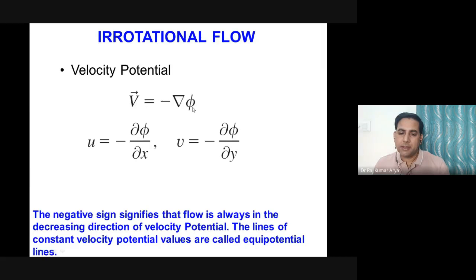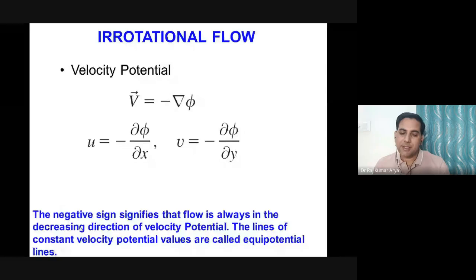The various velocity components are given this way: u is minus del phi upon del x, v is minus del phi upon del y, and w is minus del phi upon del z.